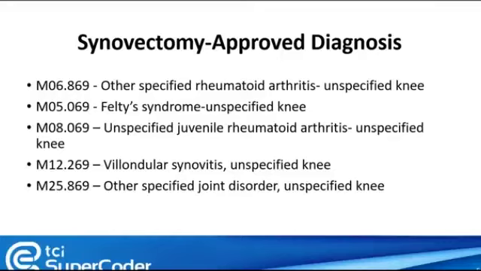Diagnosis code M06.869, other specified rheumatoid arthritis, unspecified knee; M05.069, Felty syndrome, unspecified knee; M08.069, unspecified juvenile rheumatoid arthritis, unspecified knee; M12.269, villonodular synovitis, unspecified knee; M25.869, other specified joint disorder, unspecified knee.